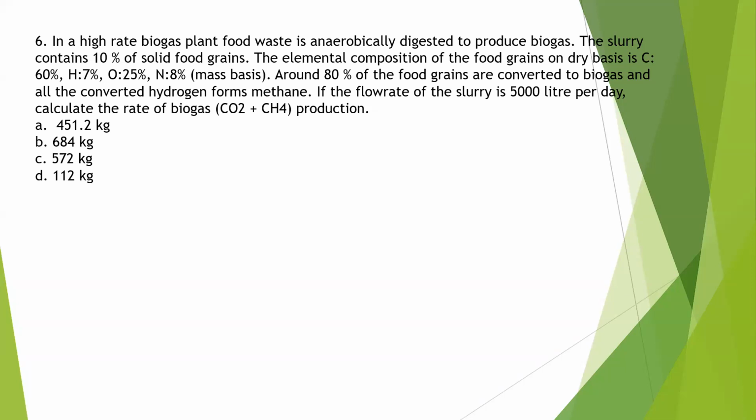Around 80% of the food grains are converted to biogas and all the converted hydrogen forms methane. If the flow rate of the slurry is 5,000 liters per day, calculate the rate of biogas production.